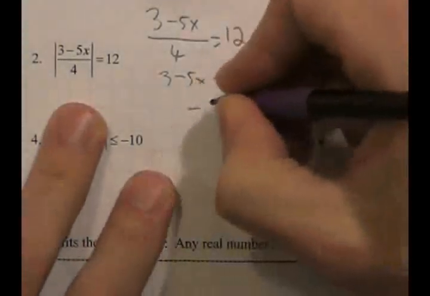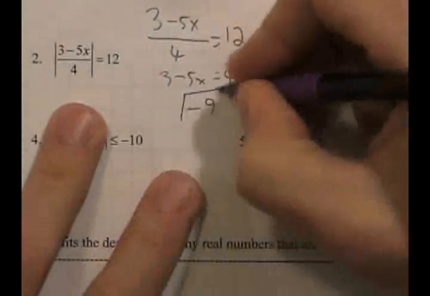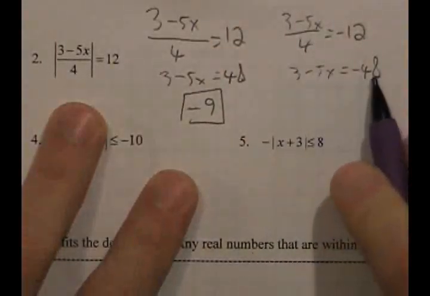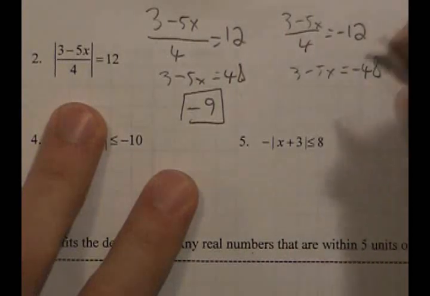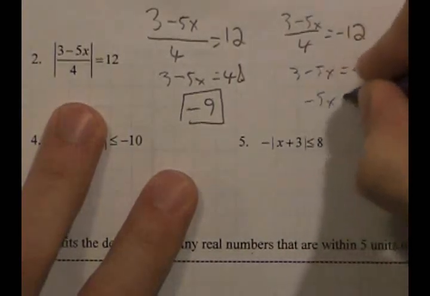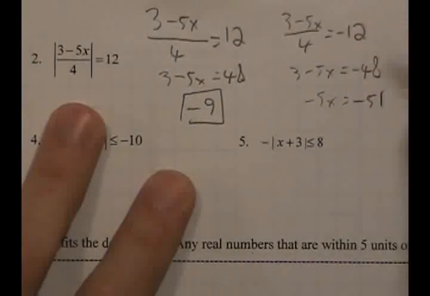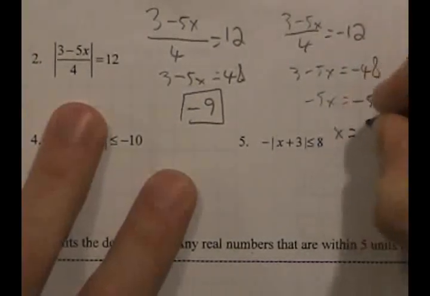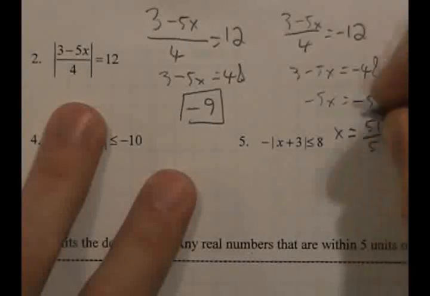So that one's minus 9. And this one, minus 48 minus 3 is minus 51. So you get minus 5x equals minus 51, and so you divide both sides by minus 5, and you get x equals 51 over 5.